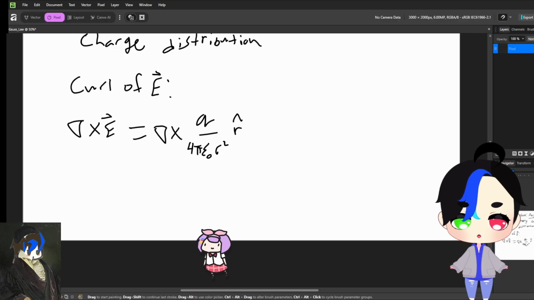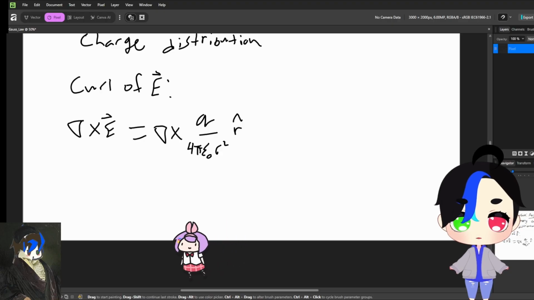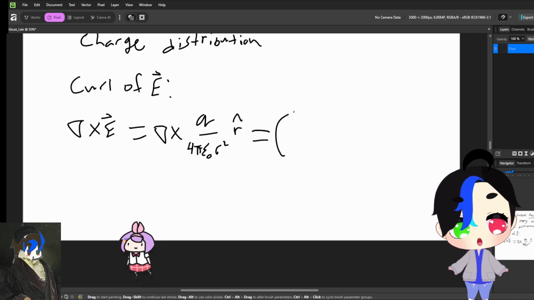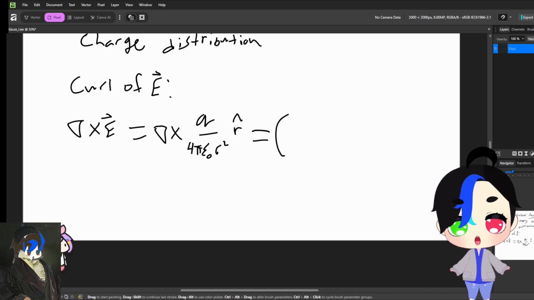I know it's here somewhere. There it is. So the curl in spherical coordinates is... Oh god, that's complicated. I don't want to write that out.